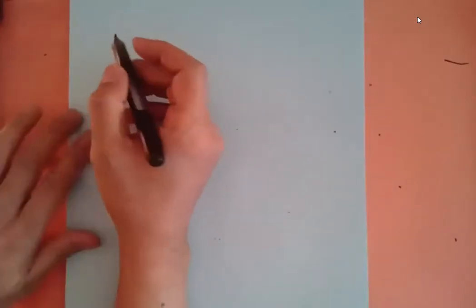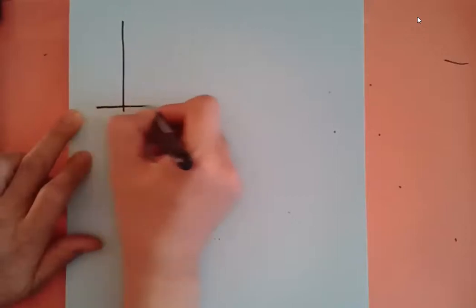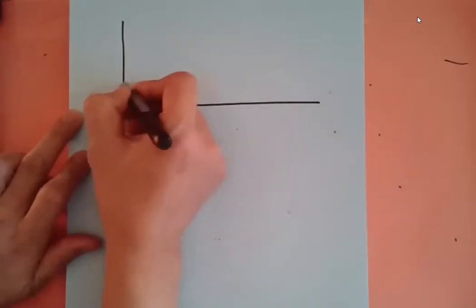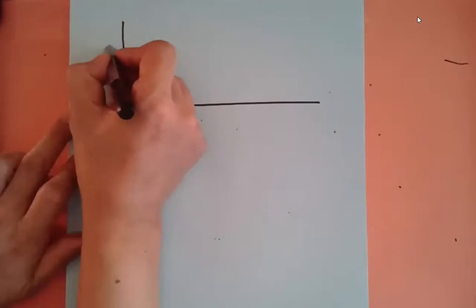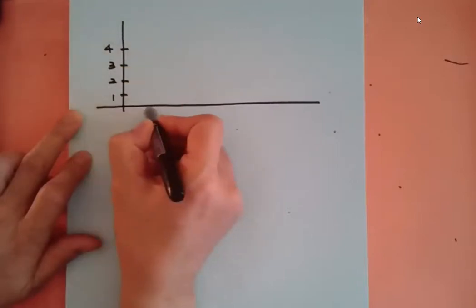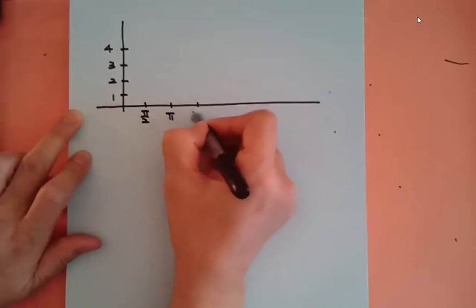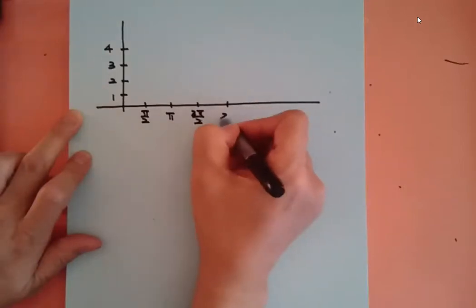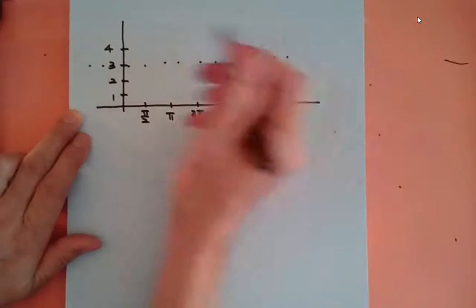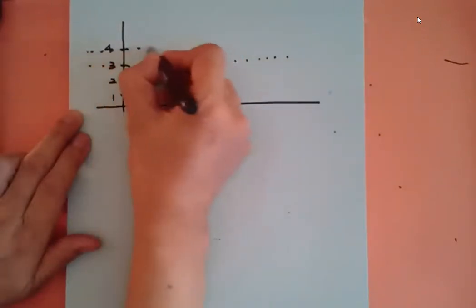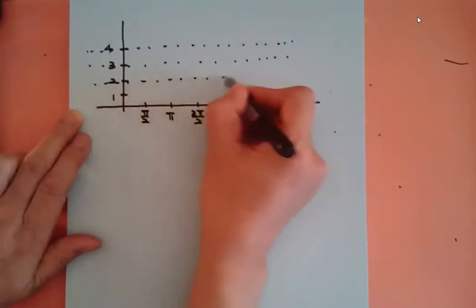So the x-axis will shift to y equals 3. So the new x-axis will be y equals 3, and then the new maximum will be 4, and the new minimum is 2.